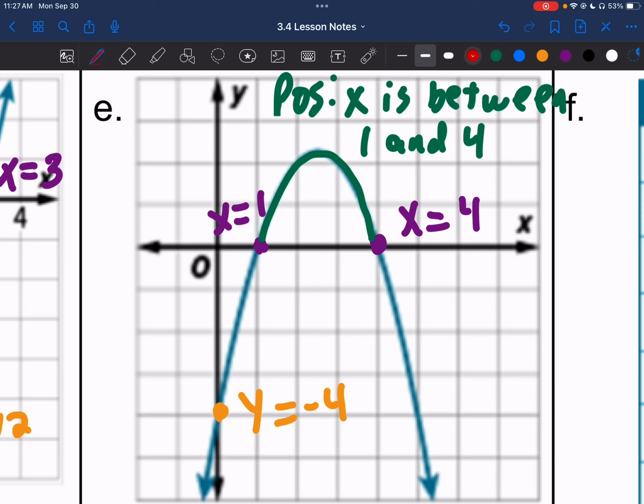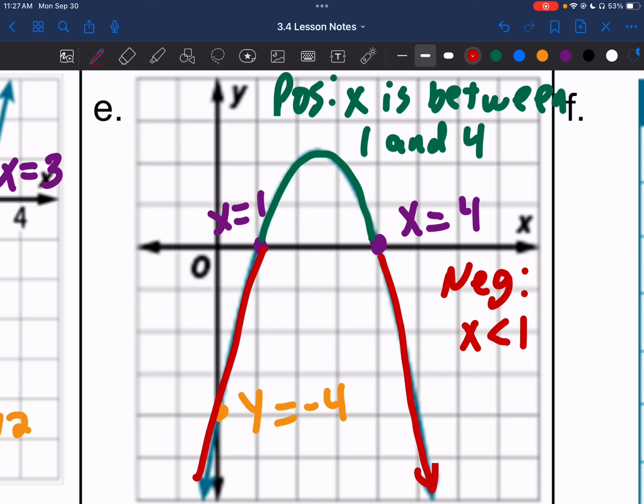It is negative when x is less than 1 or when x is greater than 4.